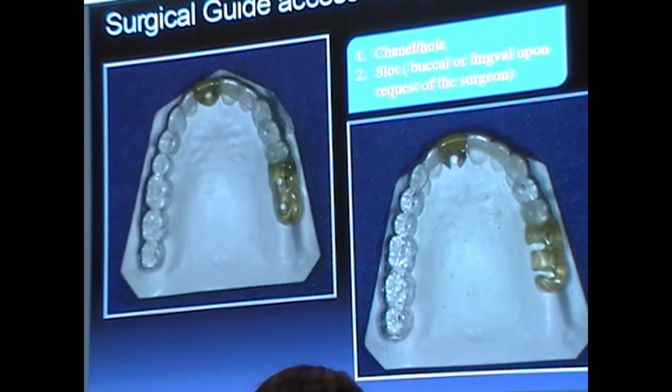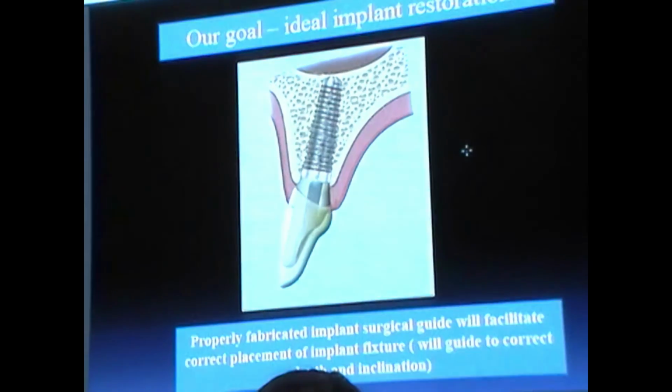Particularly if we have adjacent structures and dentition, you could perforate a tooth, right? You could perforate the buccal plate of bone. You could apply pressure to a nerve, which are all not good things, right? So that's why it's important for you to plan out where you want your implant placed.